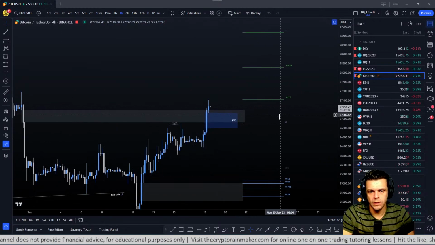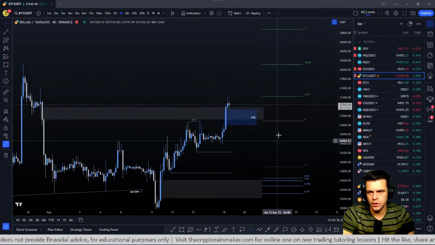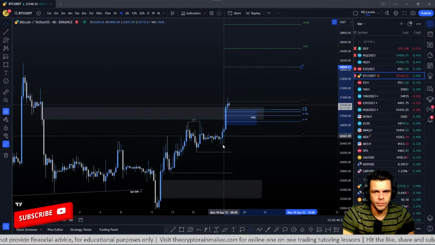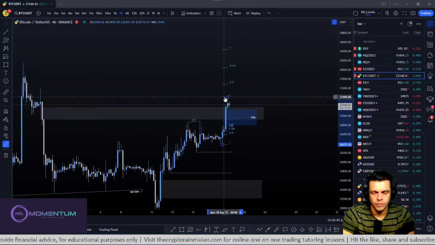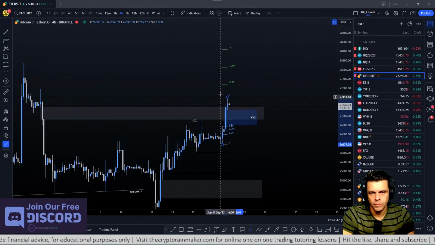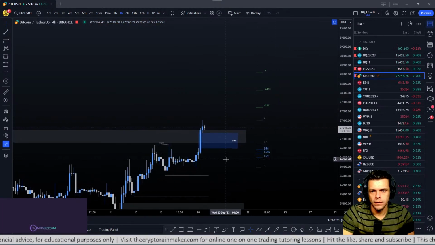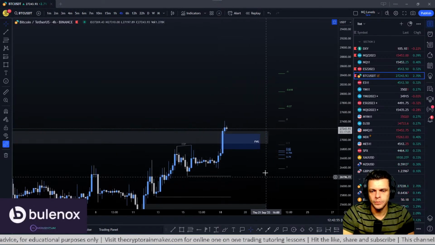Okay, now we can remove this Fibonacci, or we can just repurpose it for this leg to the upside. Okay, so this fair value gap still touches the discount area.